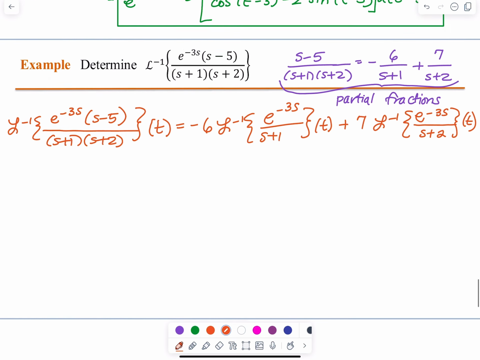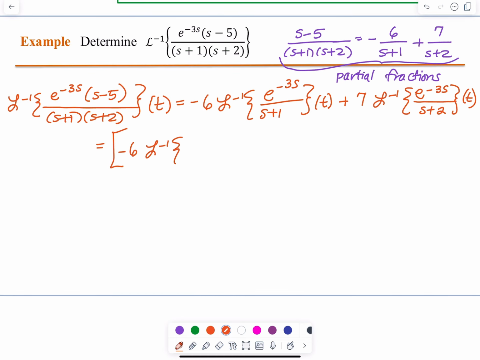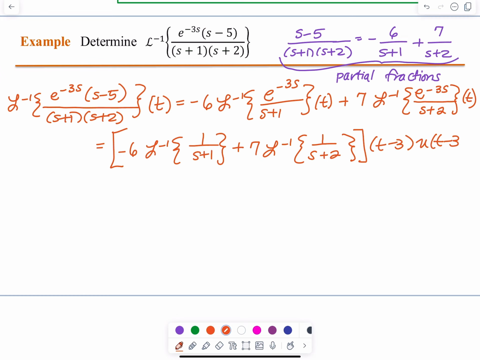So now we have that that's equal to negative 6 multiplied by the inverse transform of 1 over s plus 1 plus 7 multiplied by the inverse transform of 1 over s plus 2, all evaluated at t minus 3, times u of t minus 3.